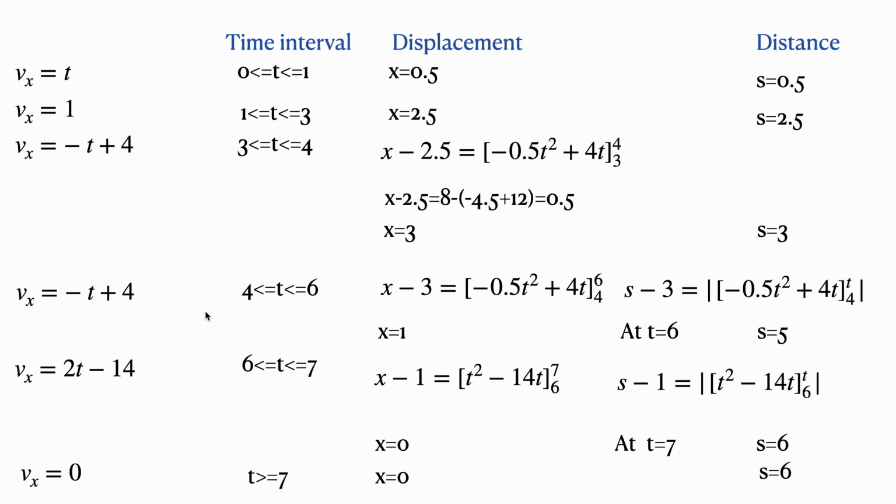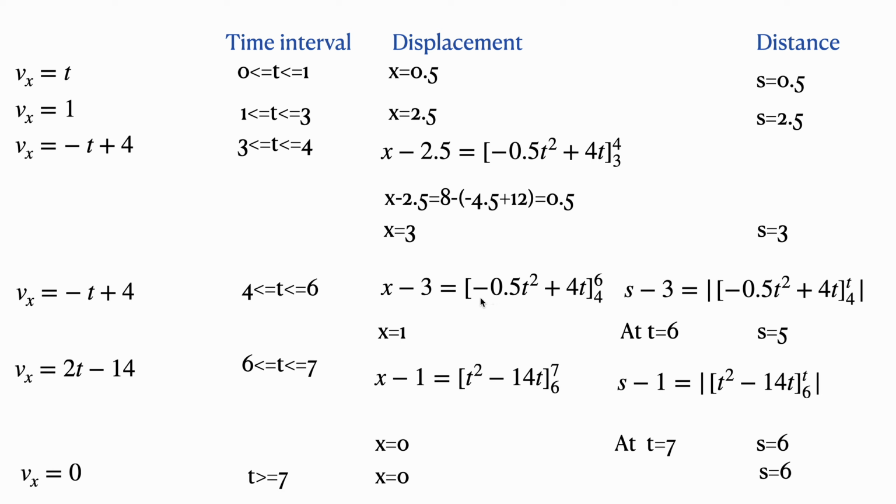And after that, we can observe that from t equals 4 to 6, the velocity is becoming negative, and in this time interval we need to take the modulus of displacement. So we obtain the displacement by integrating the function for velocity, and we take the modulus to obtain the distance.